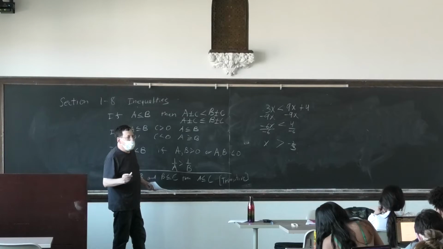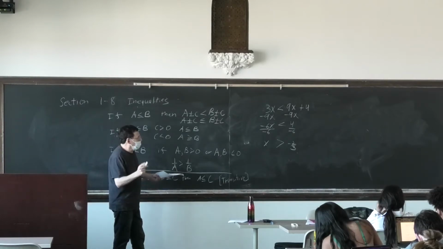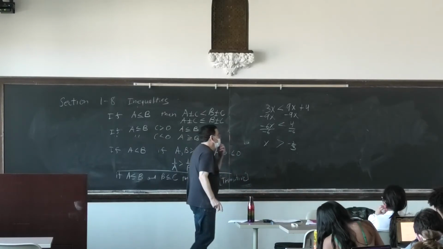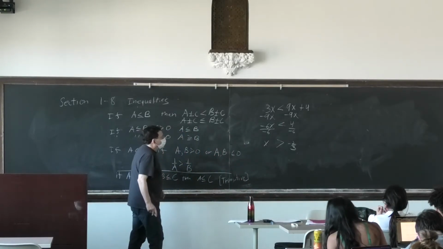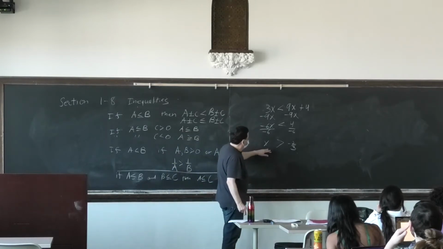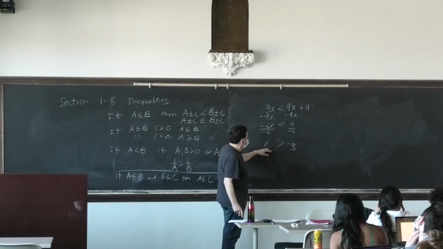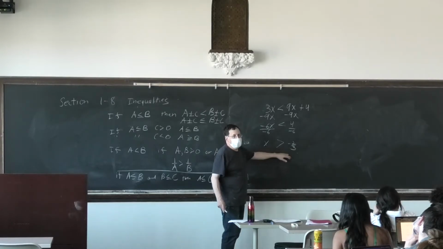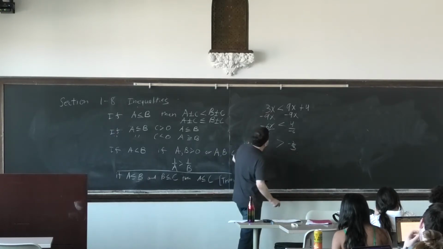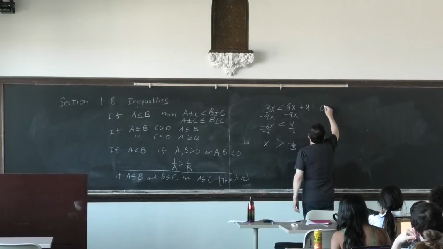A smart thing to do when these problems get a little more complex is to test your answer. Let's just pick a number here, like 0. 0 is greater than negative 2/3. It's easy to test. So let's plug it in. 3 times 0 is 0.